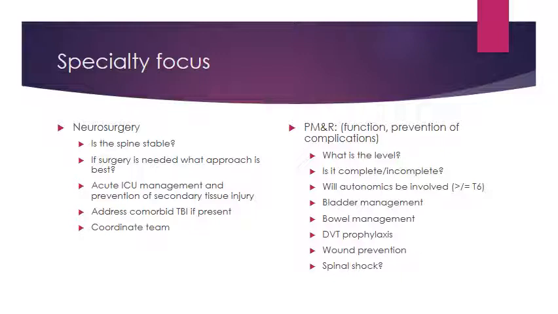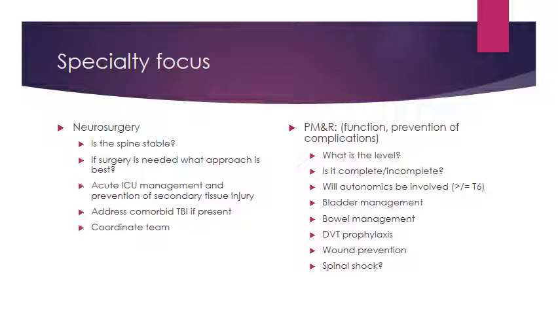They're also critical in the acute ICU management of these injuries and help with that early prevention of secondary tissue injury. And that would be making sure that their oxygenation and their respiratory status is stable, that their blood pressure is stable, because we want that area to get good blood flow and oxygen. We do not want a secondary anoxic injury to those tissues.